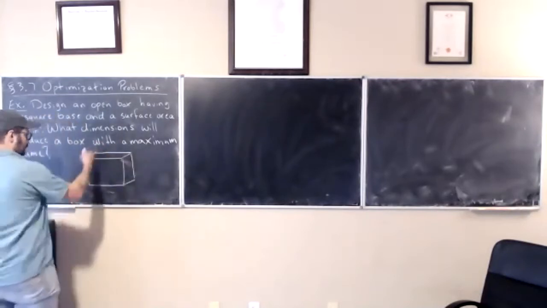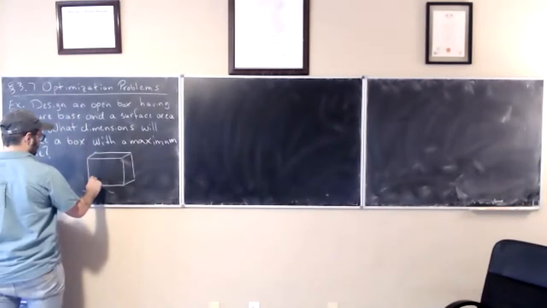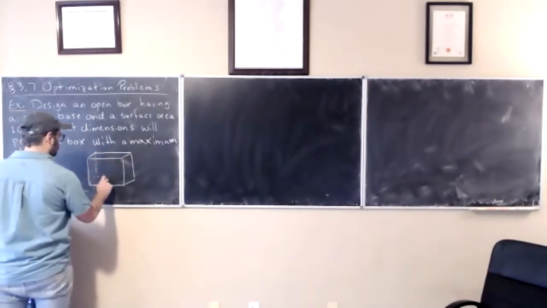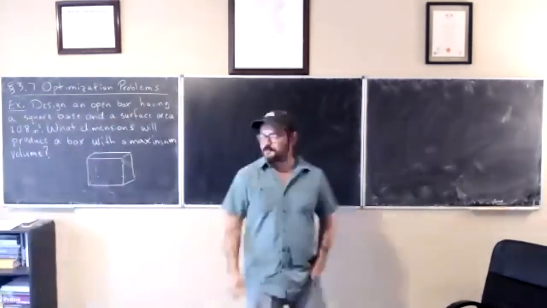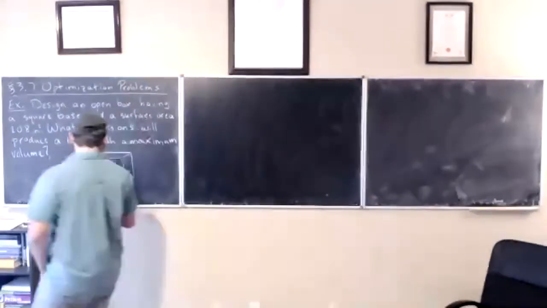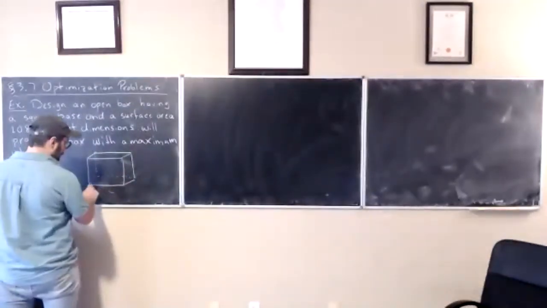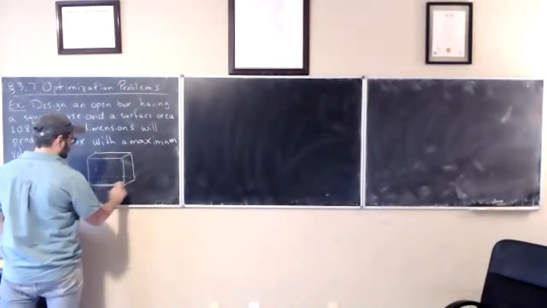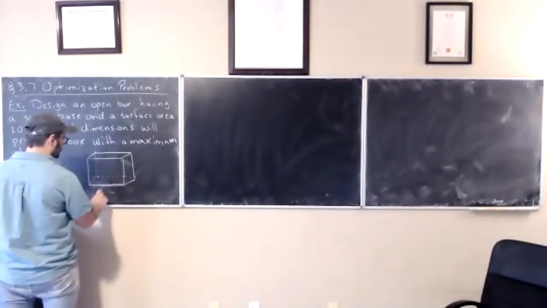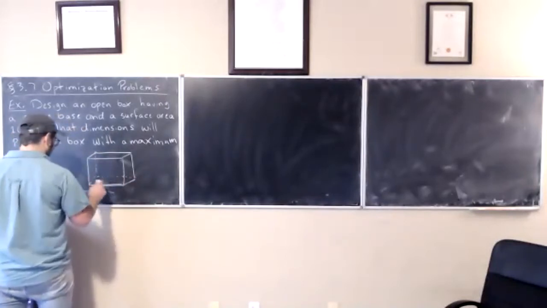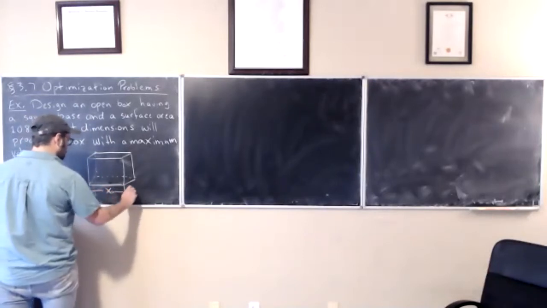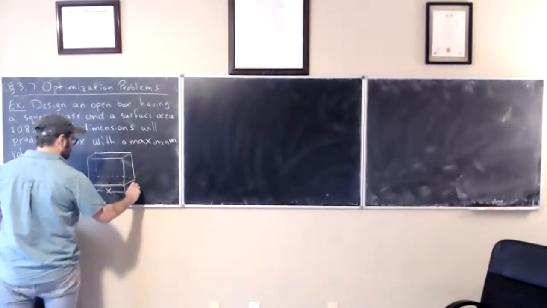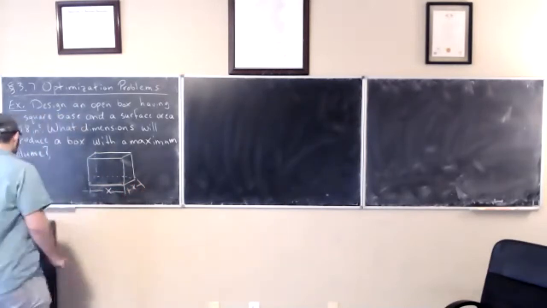So here's our open box, right? And it has a square base. So if it's a square base, then this side is the same length as this side there. Same length there, same length there. So let's call that length X. And then this will also have length X that way.